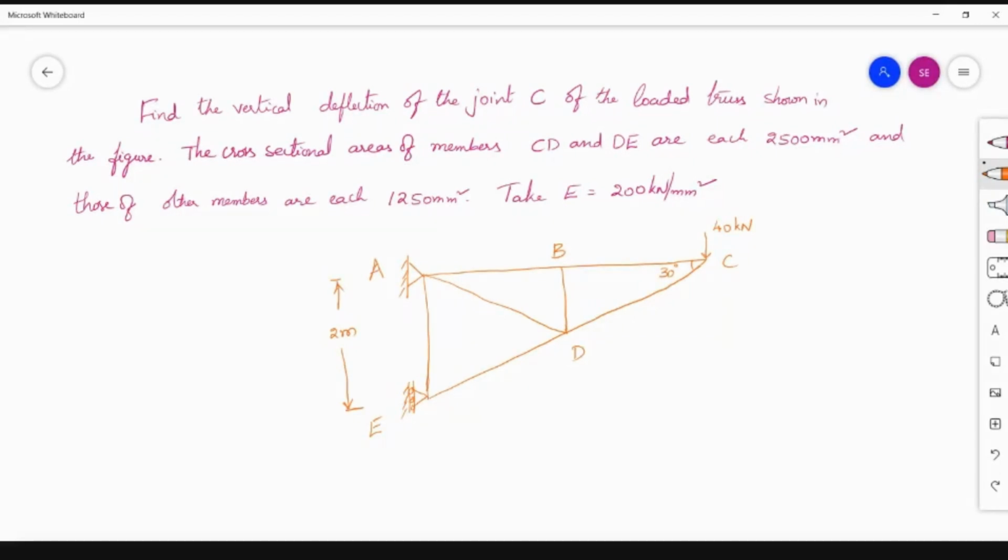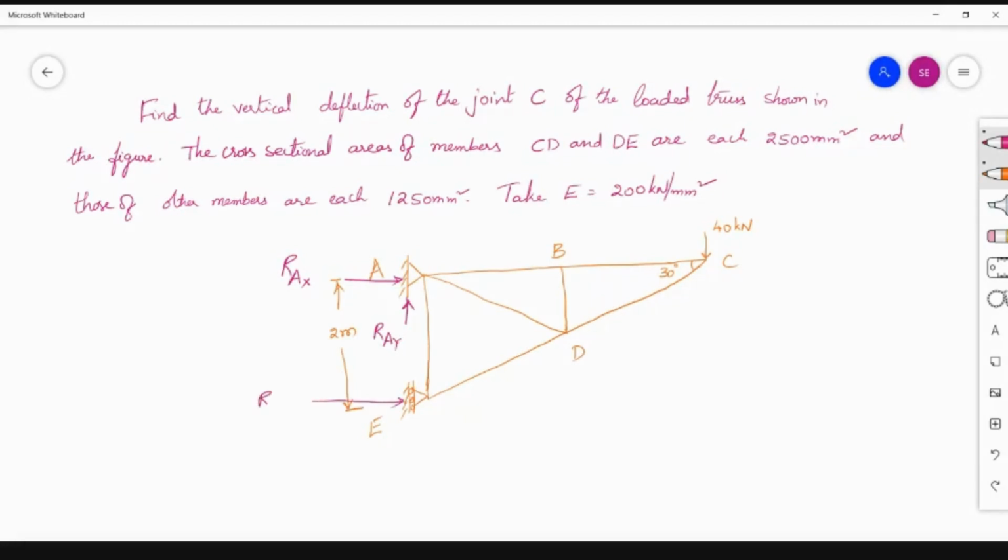In the first step, we need to calculate the reactions at A as well as the reactions at E. So here the reactions, I will write down as RAX, and this is the vertical one, RAY.